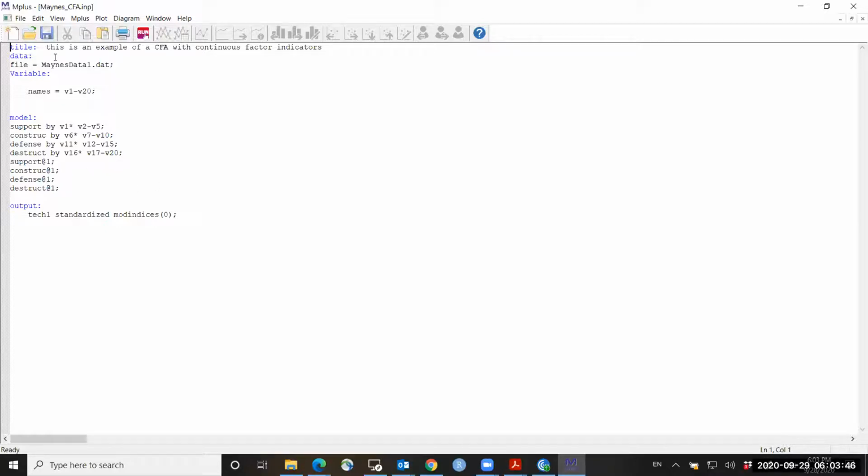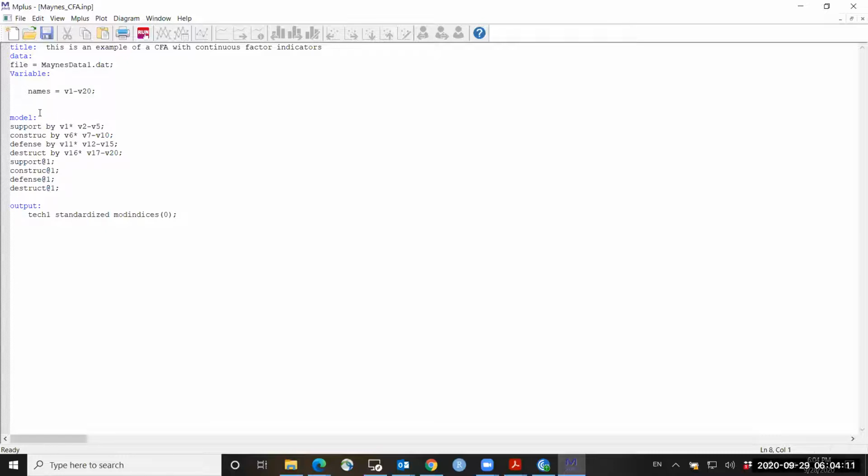I'm using very basic code here, which means that most defaults are kicking in in Mplus. For example, I put the variable command and just the names, but I don't have a use variables statement, meaning I'm saying that I'm going to use all the variables.